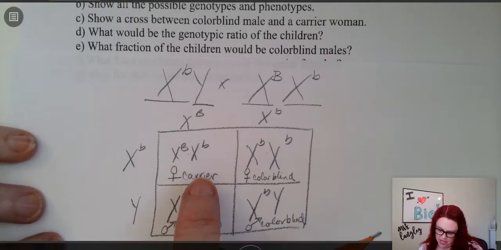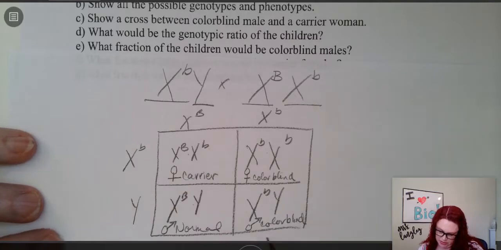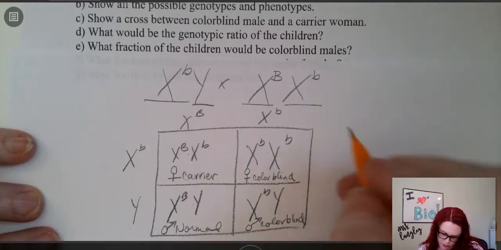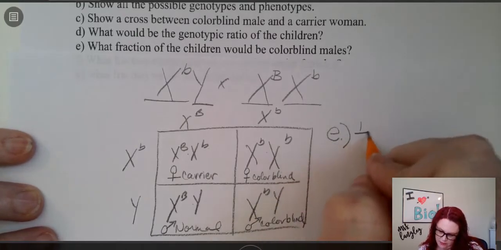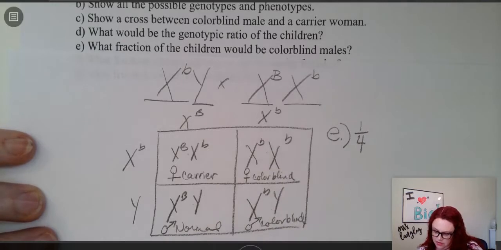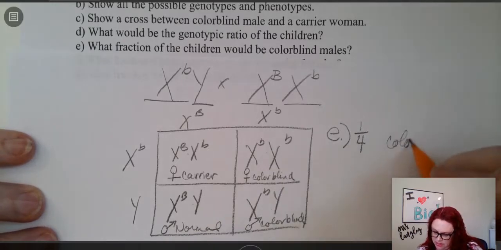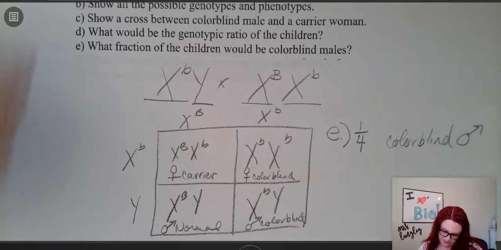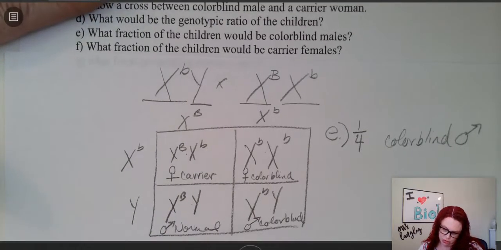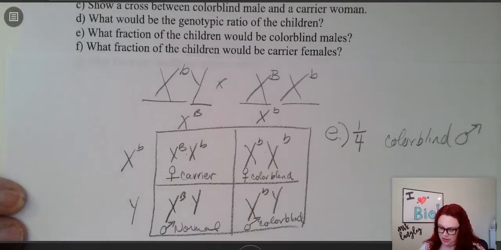So male and colorblind. So here's male and colorblind. So we're looking at E. That would be 1 out of 4 are colorblind and male. What fraction of the children would be carrier females?